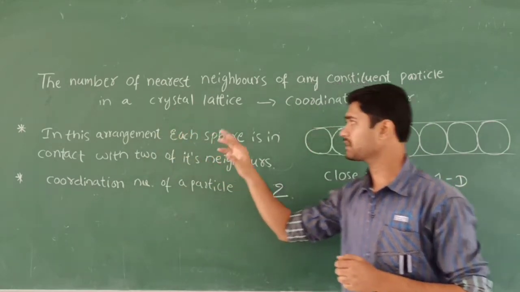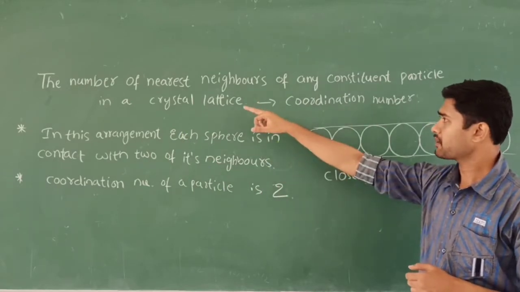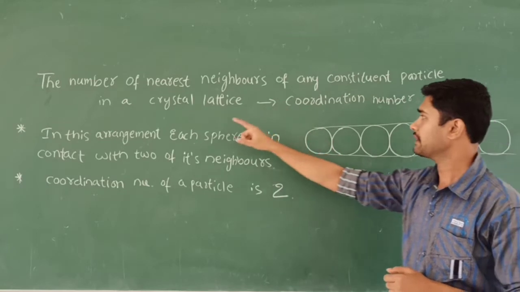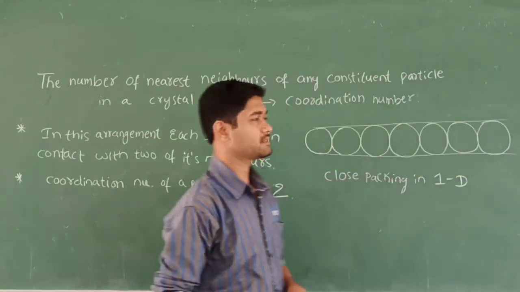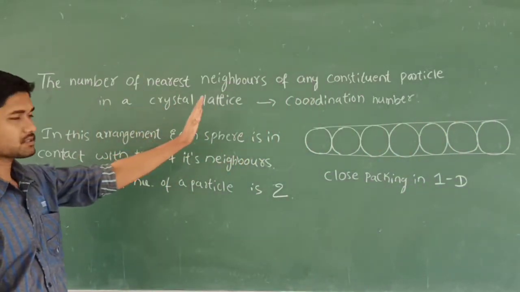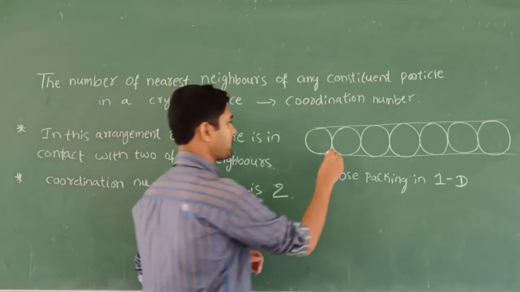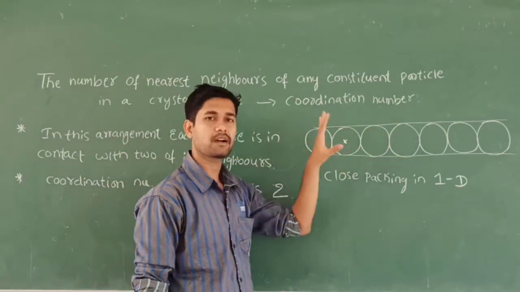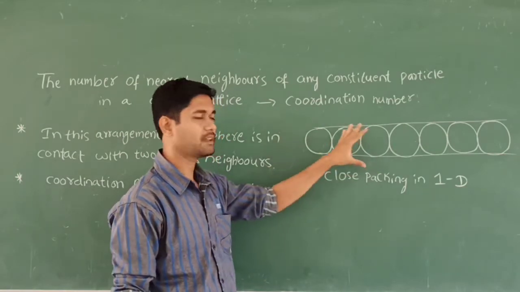Coordination number is the number of the nearest neighbors of any constituent particle in a crystal lattice. Once again, it is the number of the nearest neighbors. Nearest neighbors means, if I take this particle, these are constituent particles arranged as hard spheres.